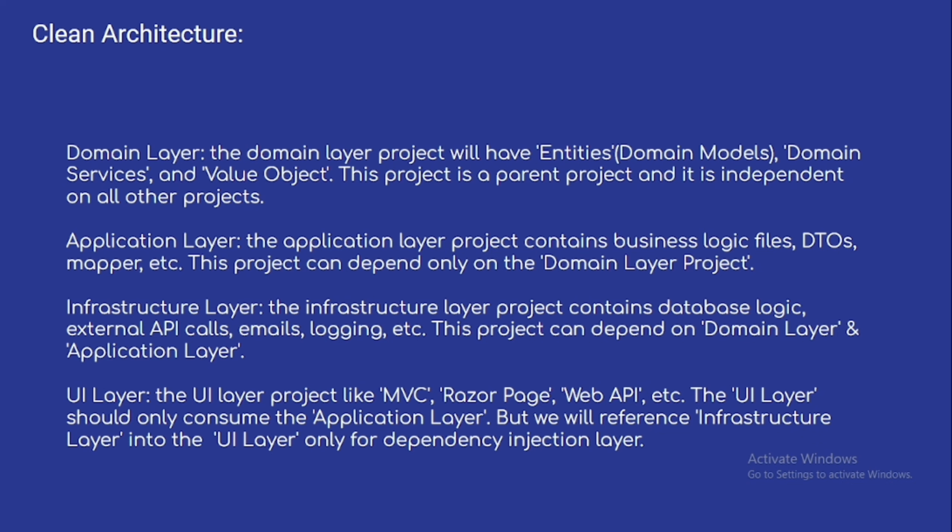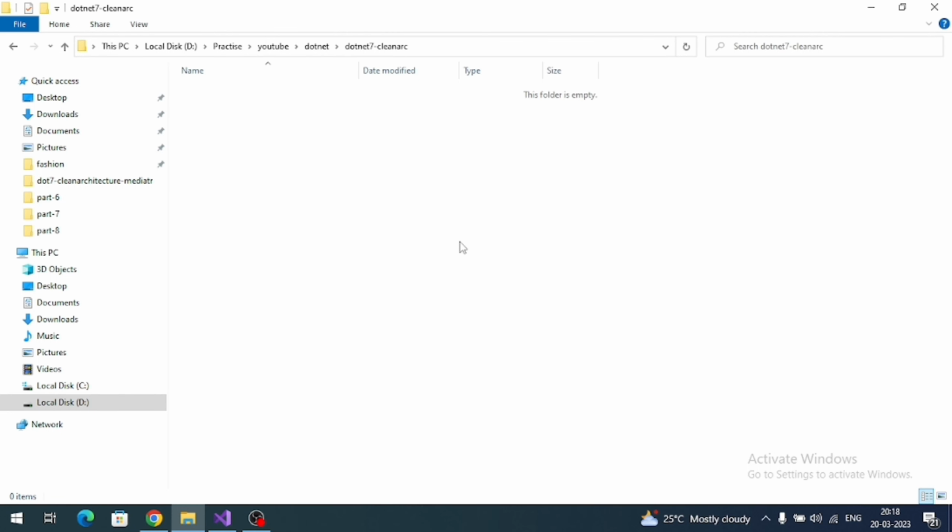Now it is time to create a small sample application that can describe our clean architecture. Here is one point. The .NET 7 application can be created either using Visual Studio 2022 or .NET CLI commands. In my case, I am using the .NET CLI commands. But if you have Visual Studio 2022, which is the latest version, please go with that.